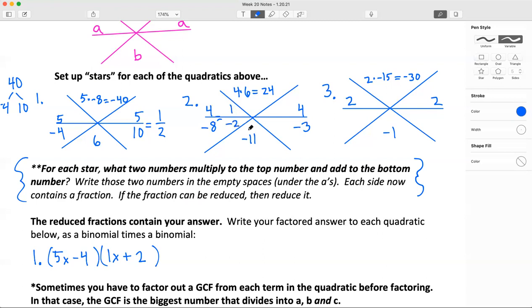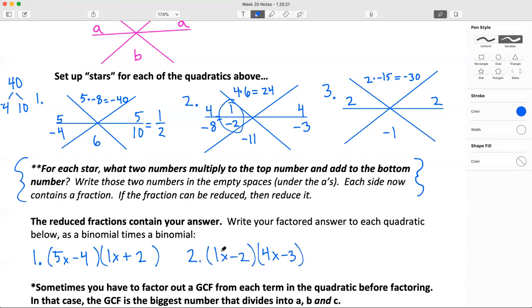1 over negative 2. And if we were to write our answer in our first set of parentheses, we will have 1x minus 2. That's where we're getting at right there. In our second set of parentheses, we will have 4x minus 3.